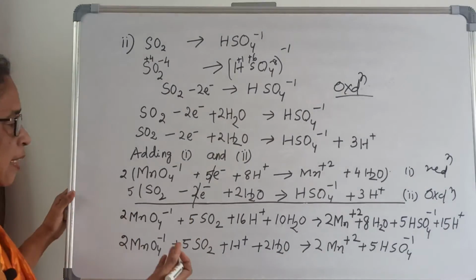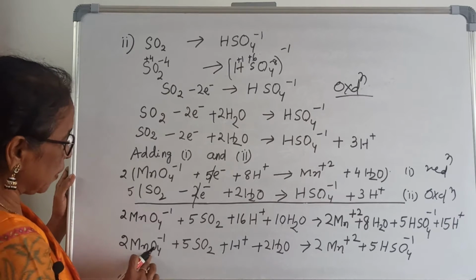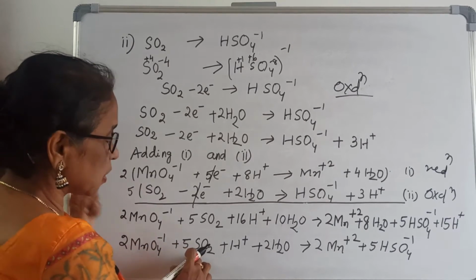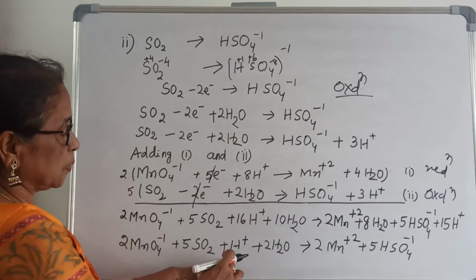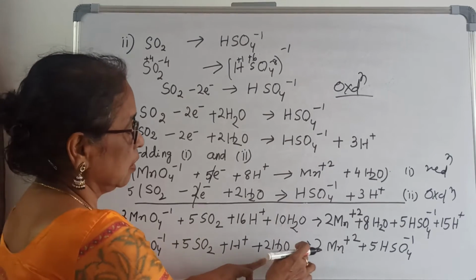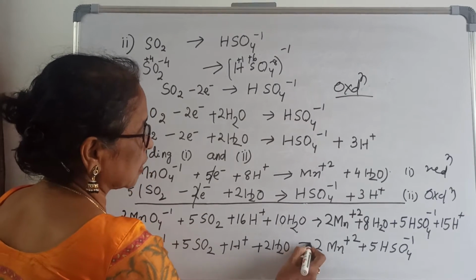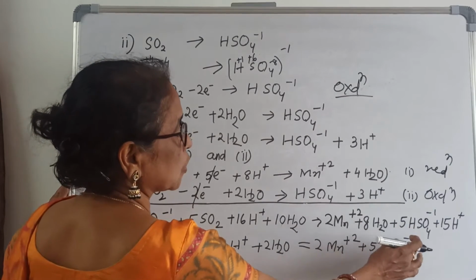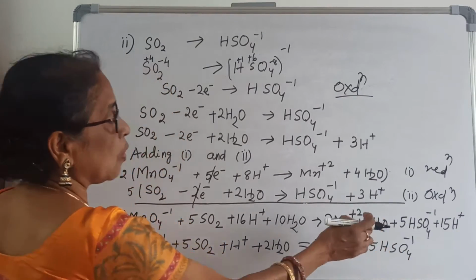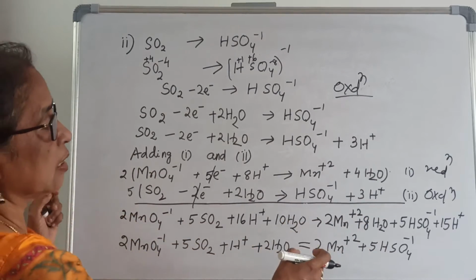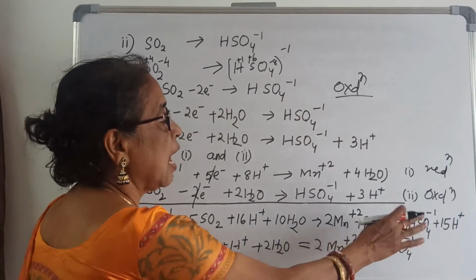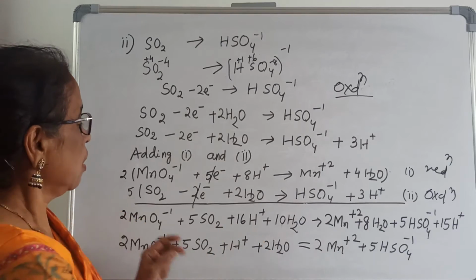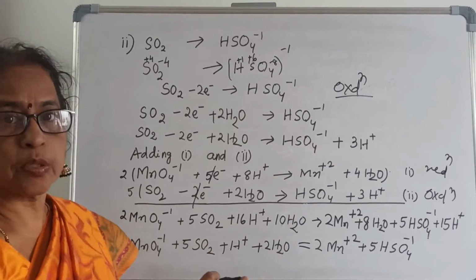Then what is the final balanced equation? 2 MnO4 minus 1 plus 5 SO2 plus H plus plus 2 water gives 2 Mn plus 2 plus 5 HSO4 minus 1.